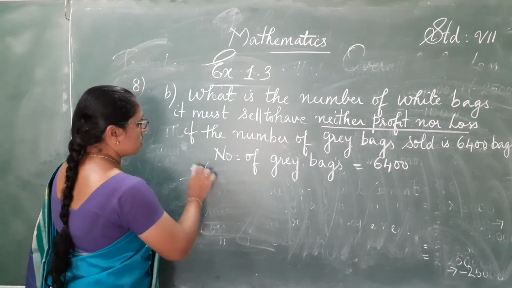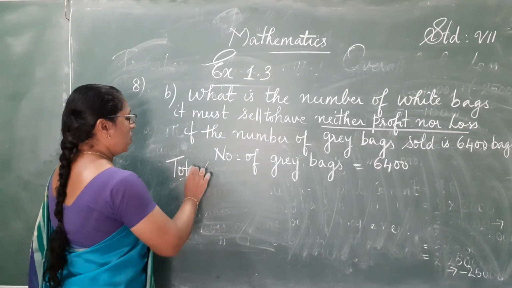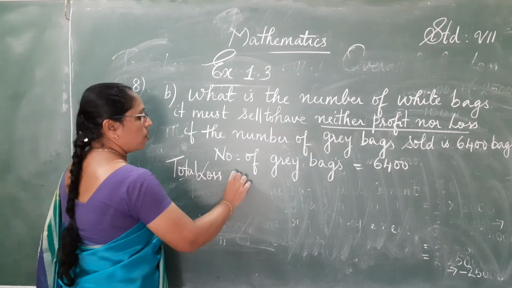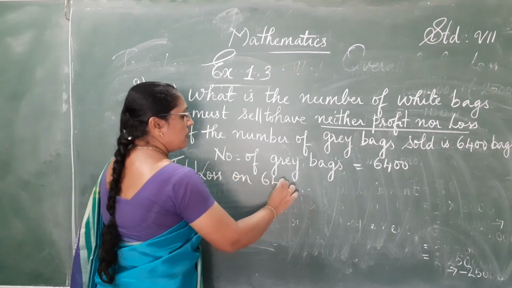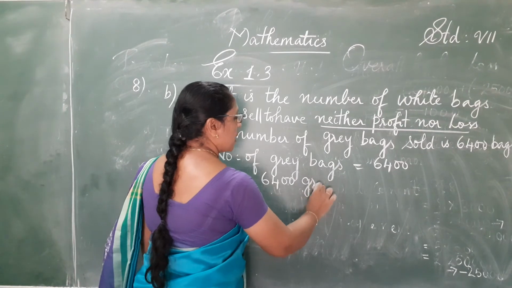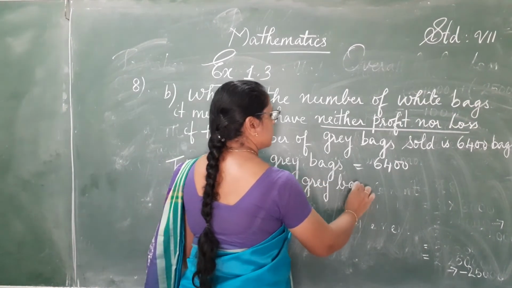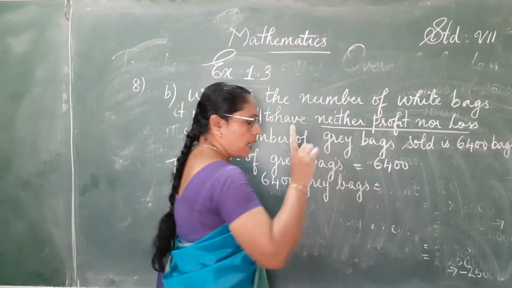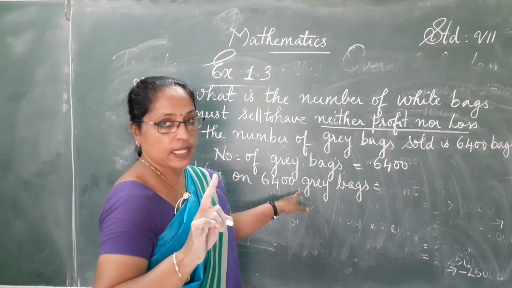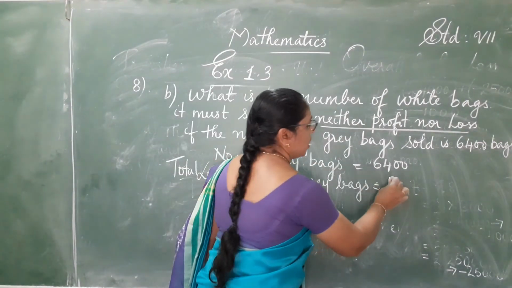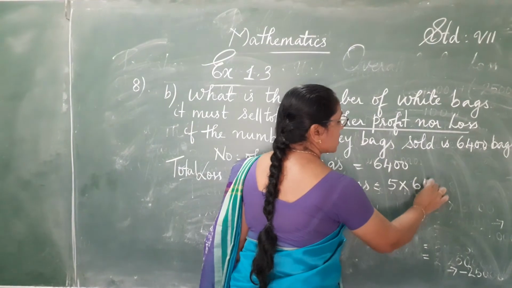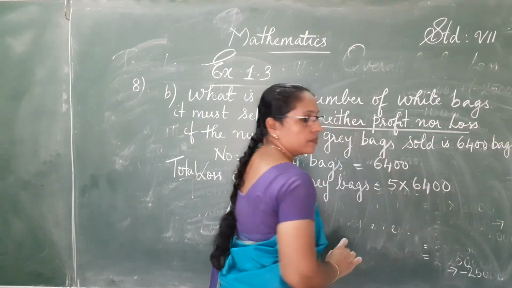So total loss on 6,400 grey bags. On one bag of grey cement it is rupees 5. So 5 into 6,400.